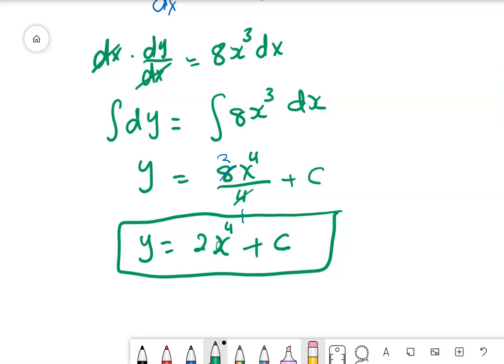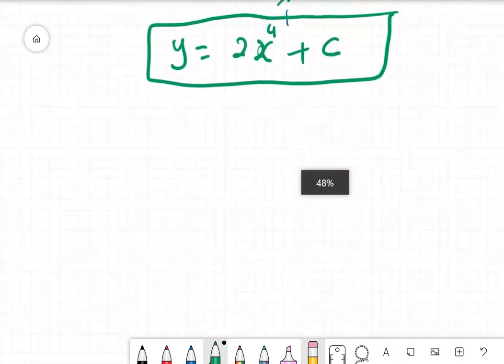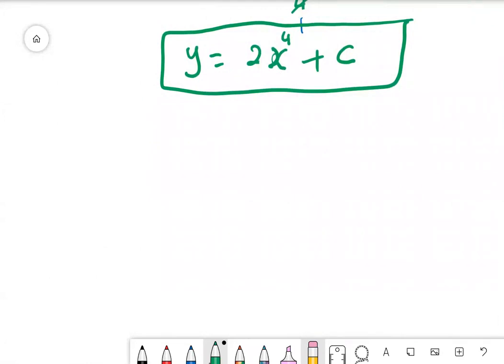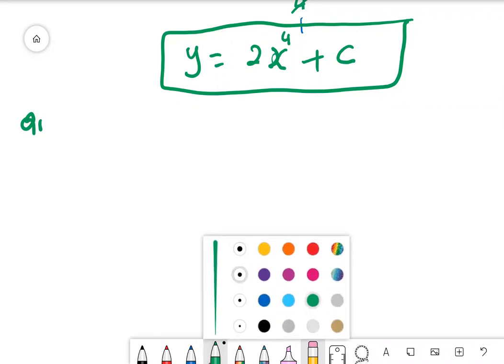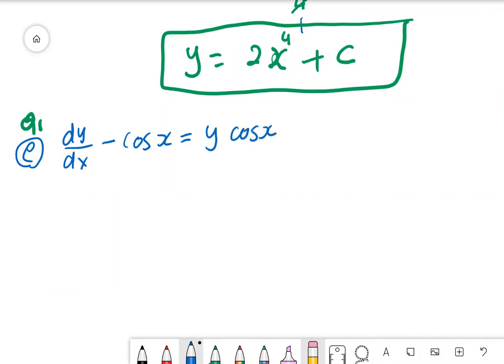Right. I'll do E for you. Question 1E is dy over dx minus cosine x equals y cosine x.